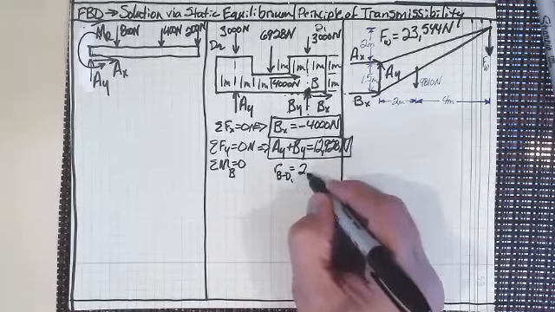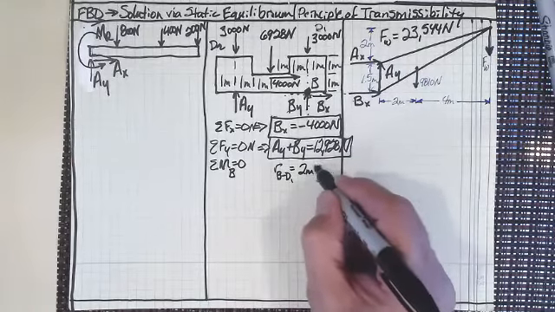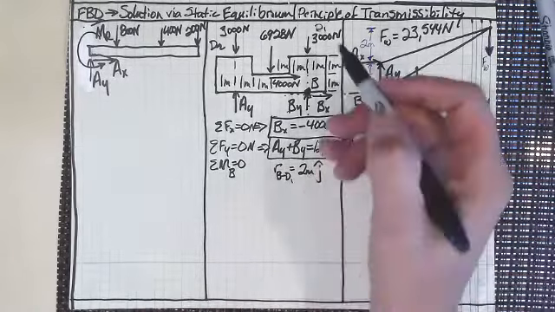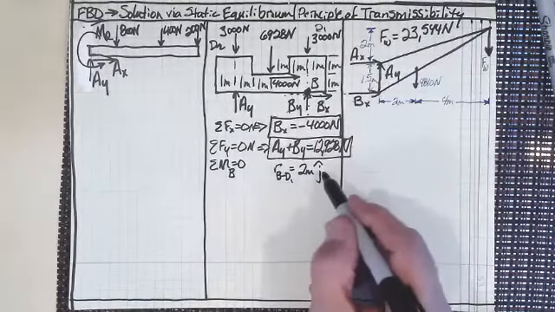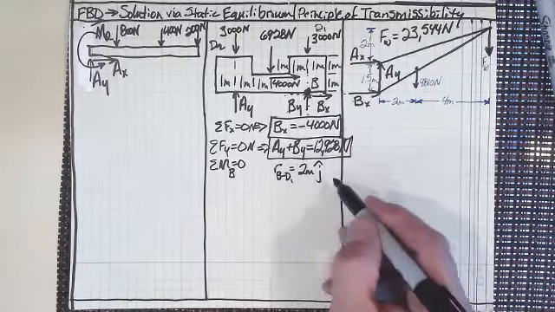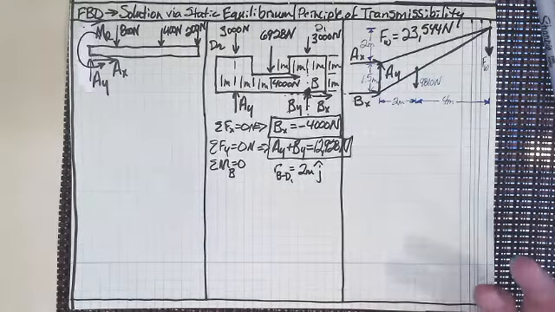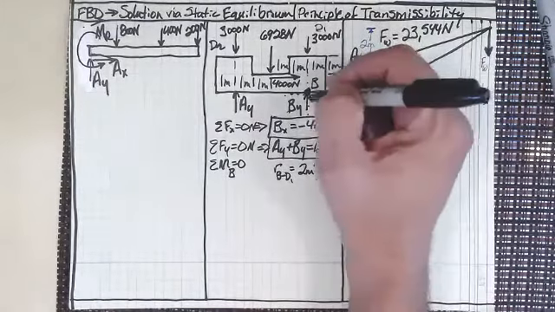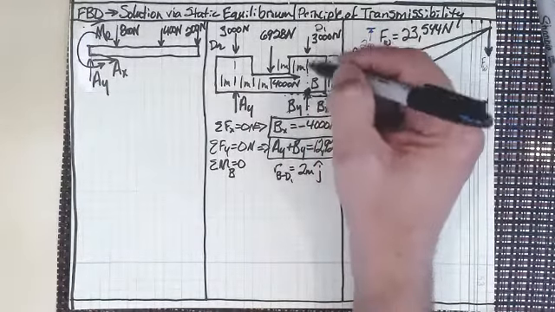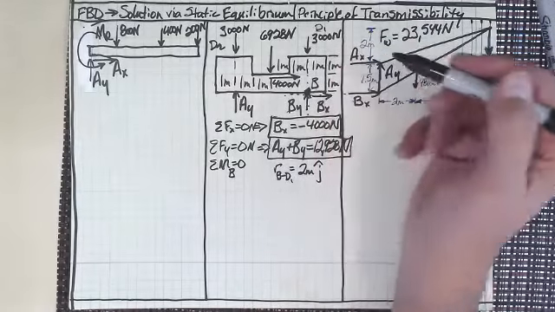So it would be 2 meters J hat. And then what is this? It's 3,000 newtons, right? So J crossed with J is going to give me 0. Anything crossed with itself, so J crossed with J is going to give me nothing. So that really is giving me nothing as far as the moment goes.